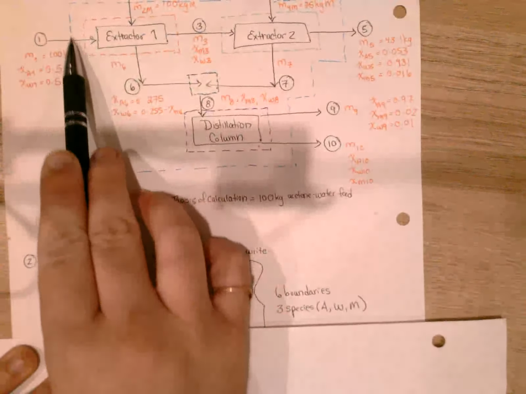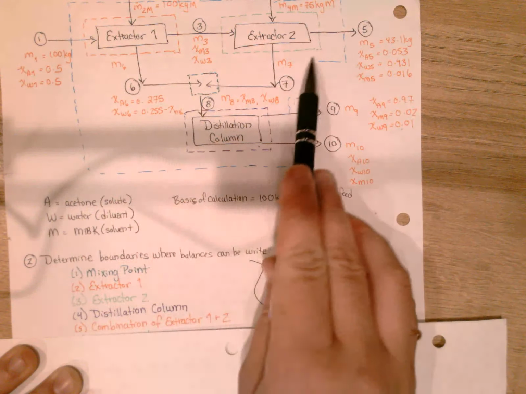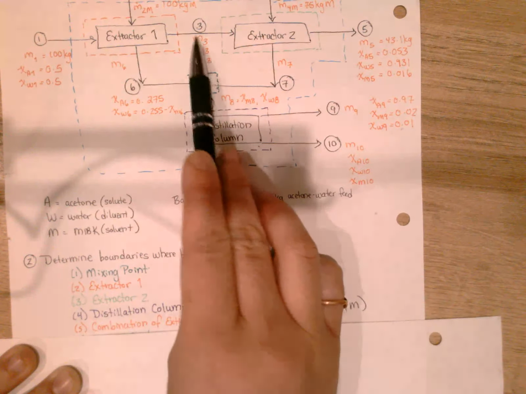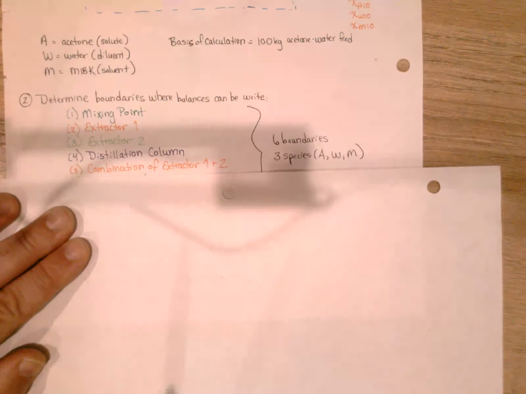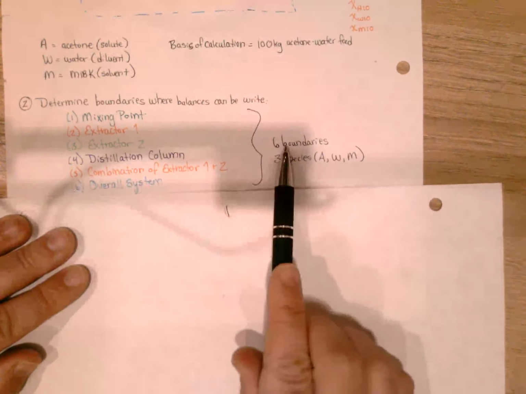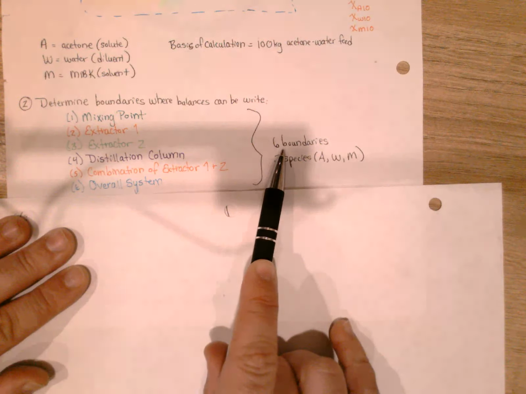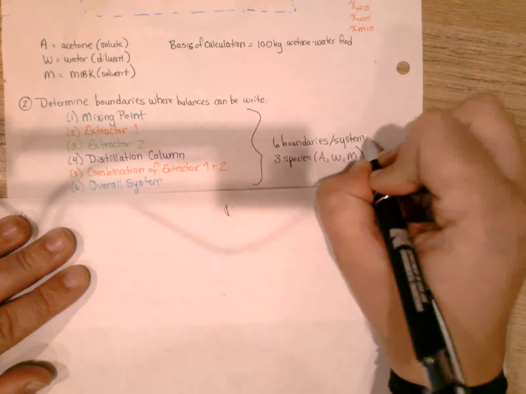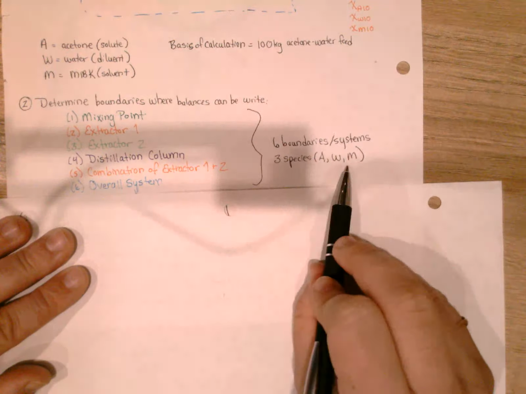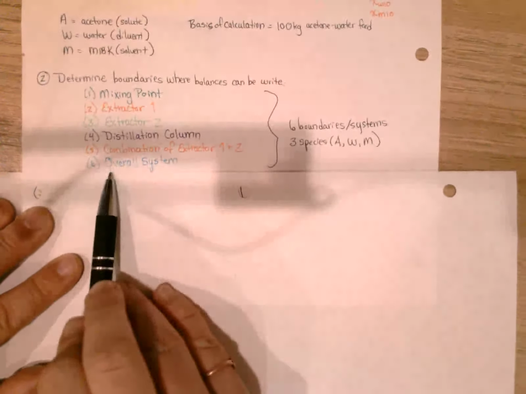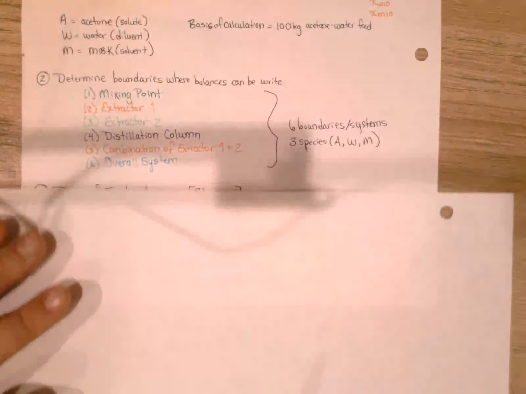I didn't draw it on here, but that makes stream 3 internal to that system. So that's another option that we have here. And then we can write one on the overall system. So that's going to tell us that we have 6 different boundaries or 6 different systems. And we have 3 different species, A, W, and M. So there we are. Flowchart is set up, boundaries are drawn, now we can start moving forward.